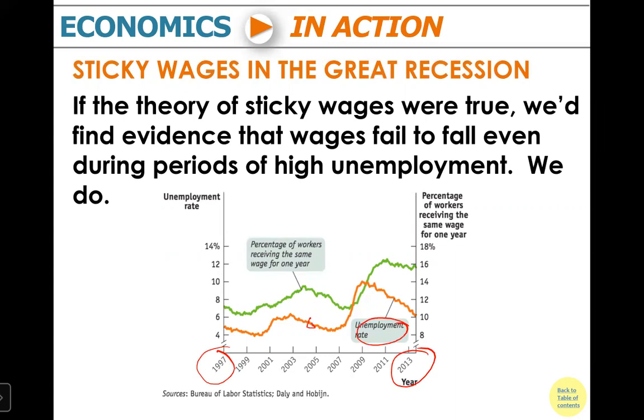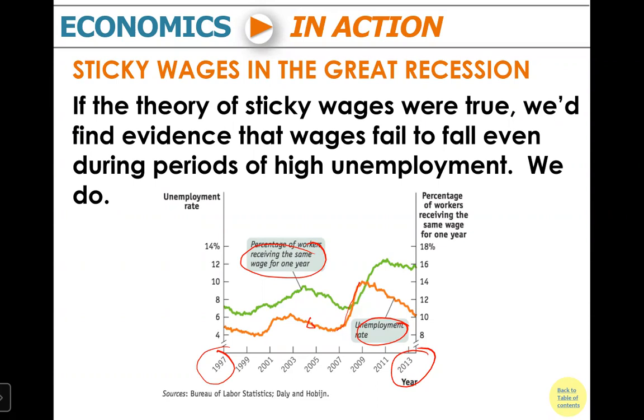This green one is the percentage of workers receiving the same wage. Now look here. We have an elevated unemployment rate, and presumably you would see fewer and fewer workers receiving the same wage, right? Because the unemployment rate is high, if the wage could adjust, the wage would reduce.